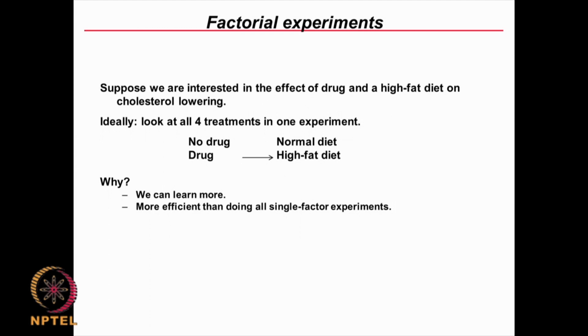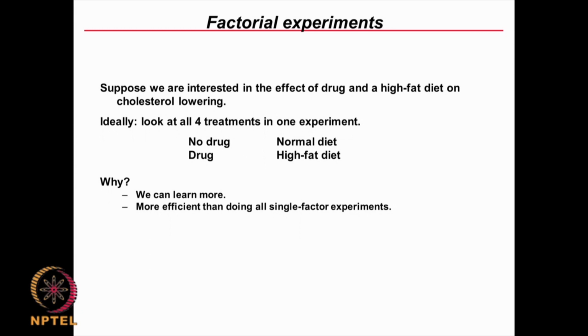How do you do it? The first experiment will be no drug, normal diet, and see the performance. Next experiment could be no drug, high fat diet. Third experiment could be drug and normal diet.